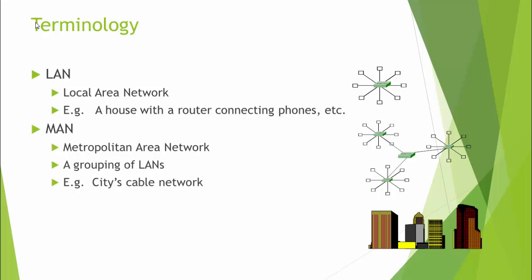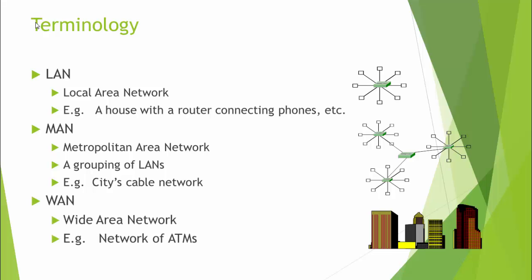On the other hand, there may be networks the size of a city, like a Cogeco cable network, and these are typically groups of LANs. There can actually be larger networks than this, ones that sometimes cross borders from one country to another. These wide area networks, an example of these would be ATMs.